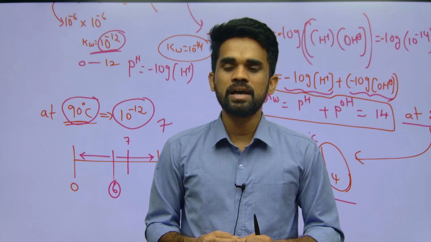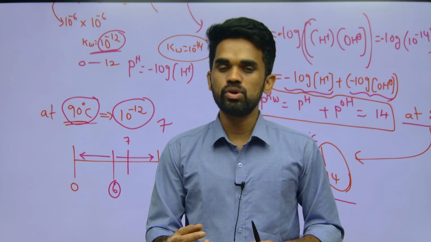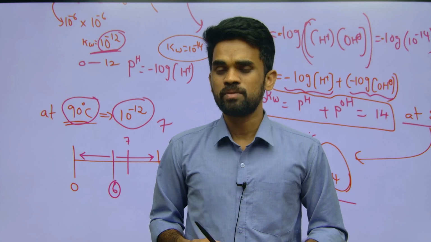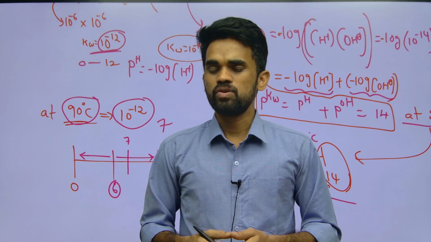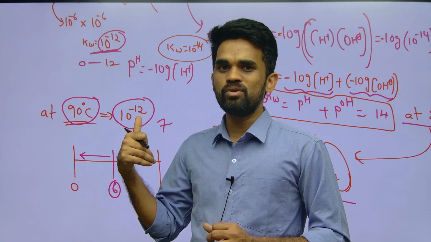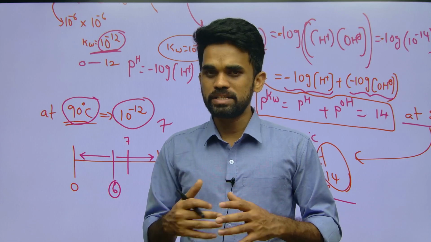Weak acids means organic acids like acetic acid or benzoic acid. Weak bases means ammonium hydroxide. For strong bases we discussed alkali bases like NaOH, Ca(OH)2, those are strong bases. Okay, so hope the discussion is clear.